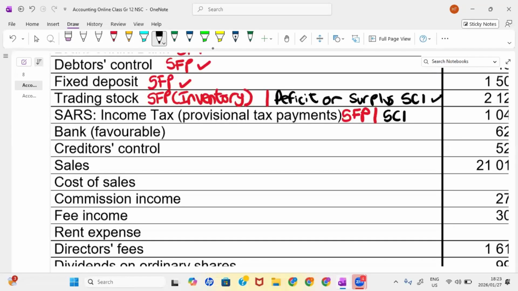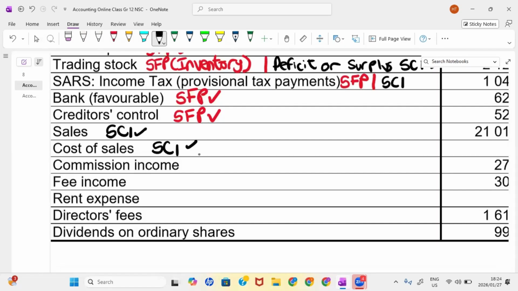Where does it go? And then we have bank. Obviously, it will go to the statement of financial position, your balance sheet. Creditors control, same thing. Statement of financial position. And then we have sales. Sales goes to the statement of comprehensive income. Cost of sales as well.